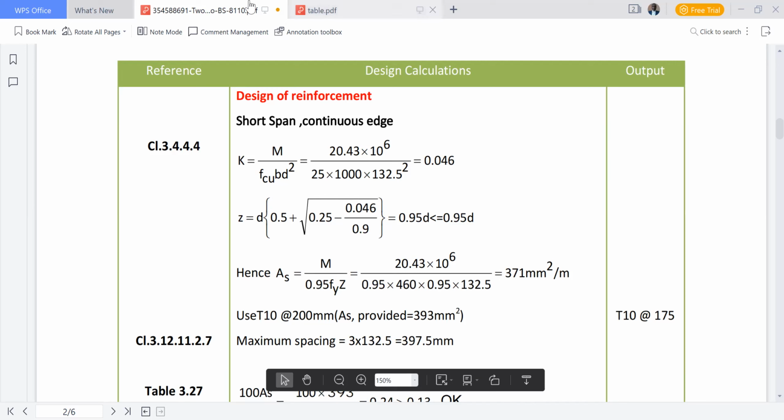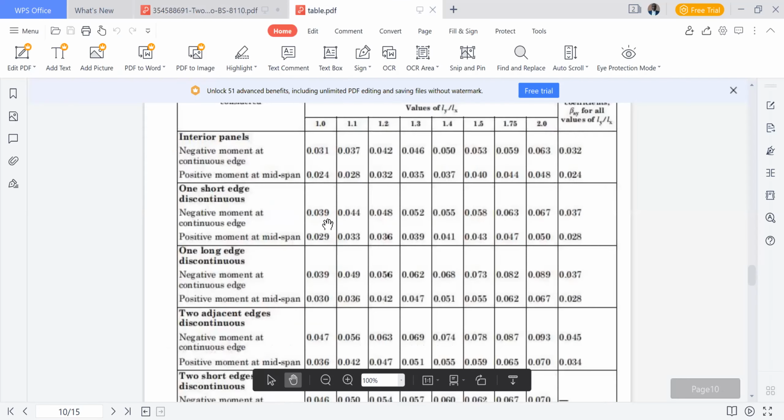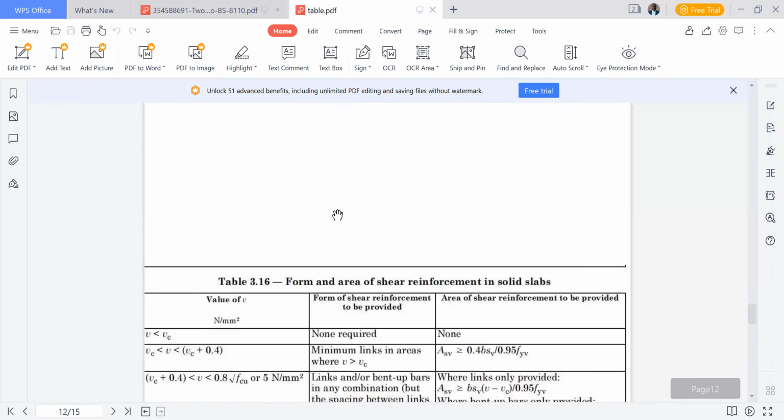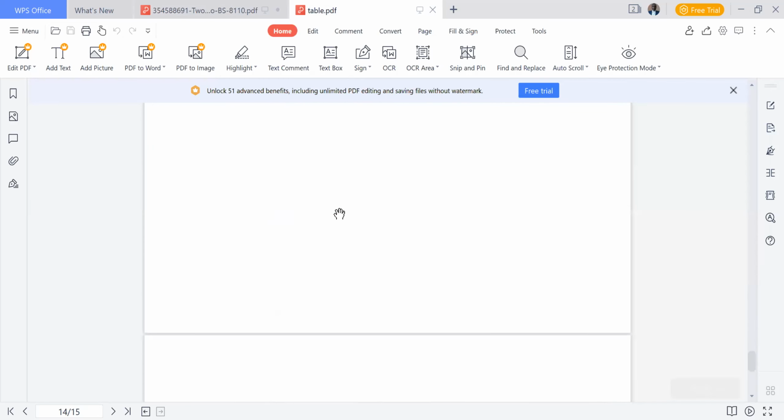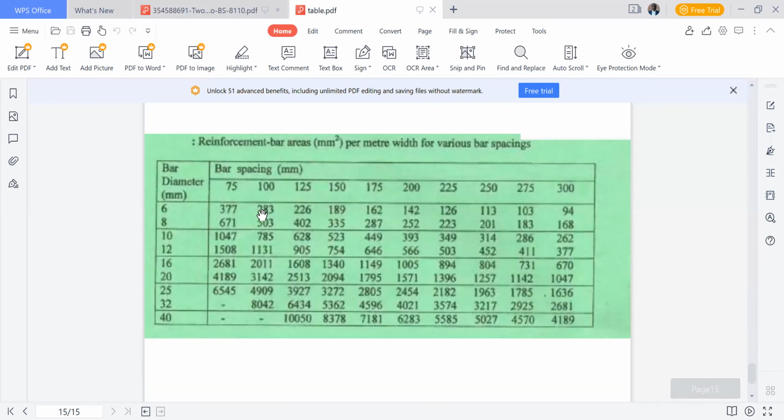So when we come to our table here, now remember we are moving along diameter of 10. Our diameter is 10 millimeters. So I'll come this direction here and say I will move along 10. So we have these values here. Now for our case here, we'll pick a value of 393.